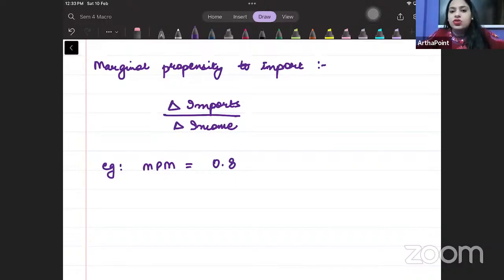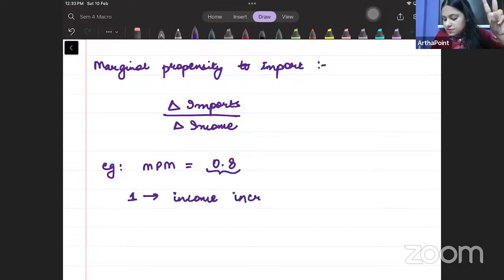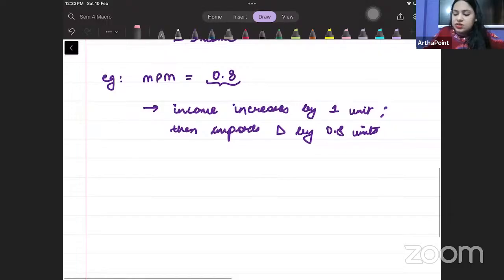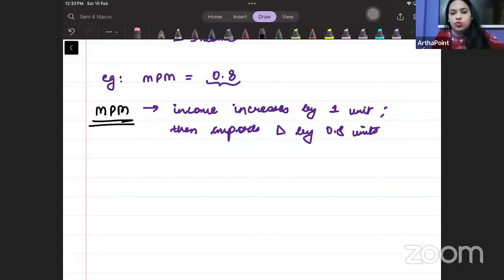So his spending can increase on domestic goods or on imports. So 0.8 tells us that when income increases by 1 unit, imports increase by 0.8 units.